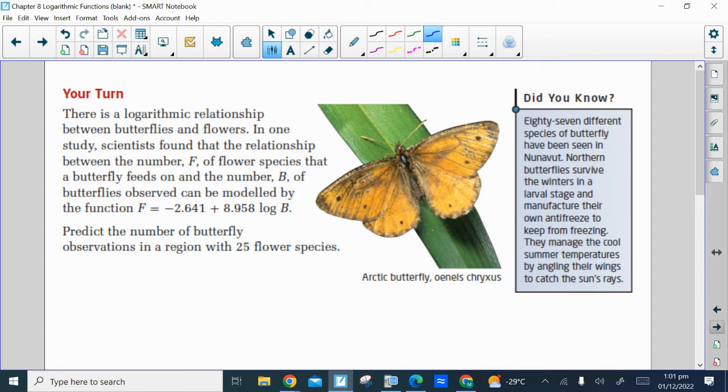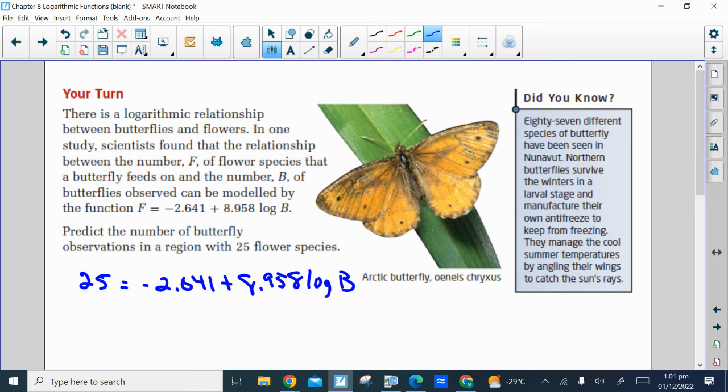That would be F. So F is 25. We want to know what B is. So we'll get the log B by itself, and then that will allow us to get B by itself.